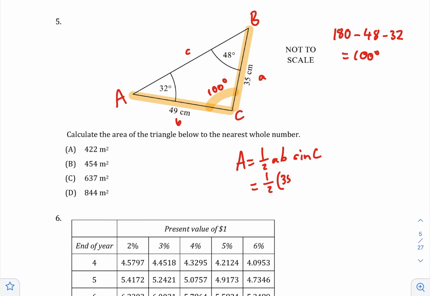So my a is 35, my b is 49, sine 100. If we type that into the calculator, we get 844.47, so to the nearest whole number it is D.